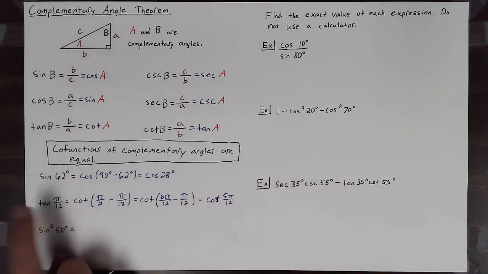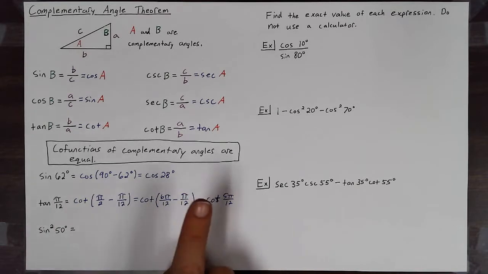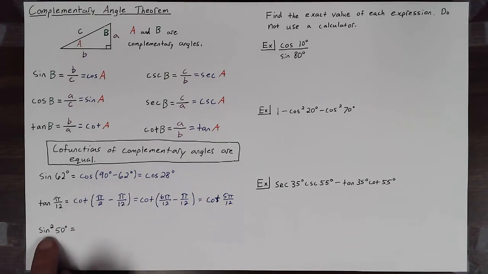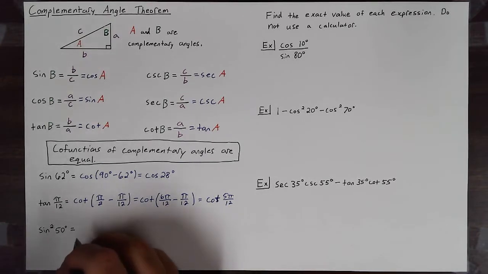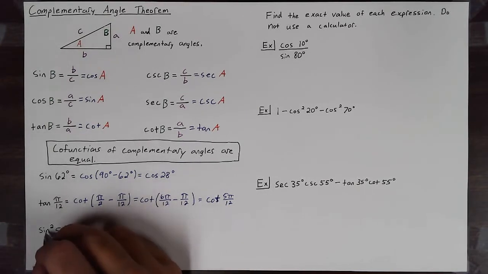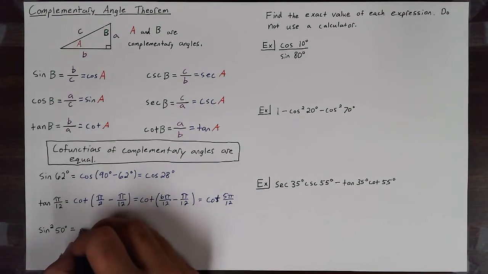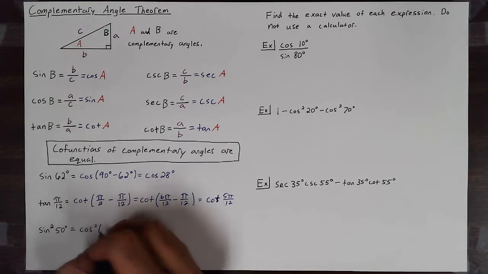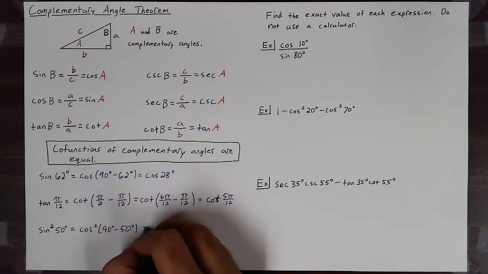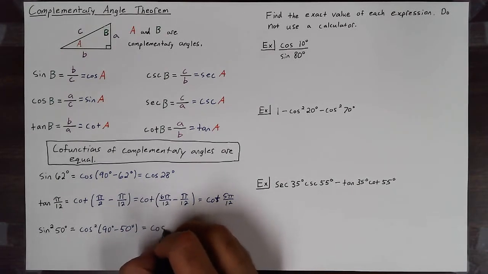So I can say that tangent of pi over 12 is equal to cotangent of 5 pi over 12. And let's say that a trig function is being squared. Well, it still works out the same. I'll just say that sine squared of 50 degrees is equal to cosine squared of the complement of 50 degrees, which would be cosine squared of 40.